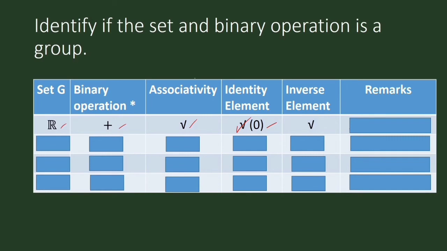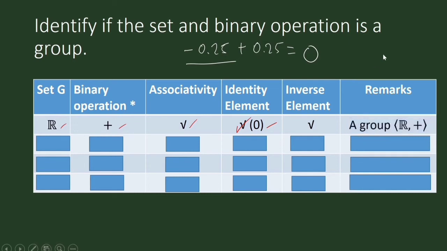For example, your real number is negative 0.25. What must you add to negative 0.25 so that you will obtain the identity element? That is our definition of the inverse: an element plus the inverse is equal to the identity. And we know that to be 0.25, that is the inverse element for negative 0.25. And this is true for all elements in the set of real numbers. The set of real numbers under the operation of addition is a group.